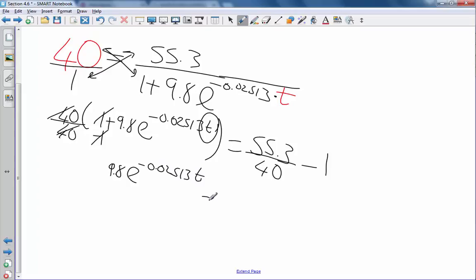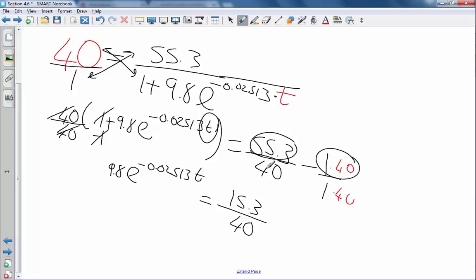Now we will have almost got that alone, except you have a couple more items to drop. By the way, if you set the common denominators here, this thing is 40 over 40. 55 take away 40 is 15.3. That thing is 15.3 over 40. Next, I will divide both sides by 9.8.